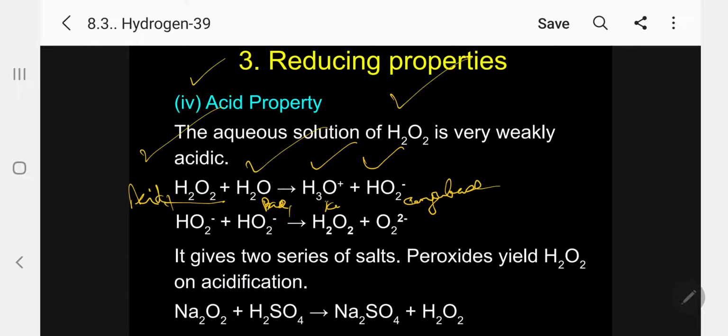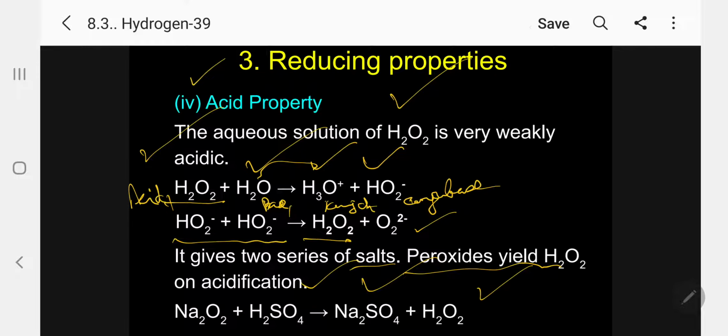So when you compare these two, this is the base, this is the conjugate acid, this is the acid, this is the conjugate base. Then HO2 minus combines with another HO2 minus to form hydrogen peroxide and O2 2 minus. It gives two series of salts. Peroxides yield hydrogen peroxide on acidification. That means sodium peroxide and sulfuric acid give sodium sulfate and hydrogen peroxide.